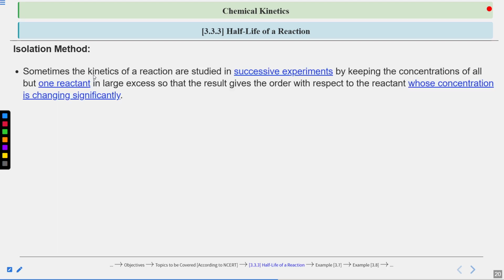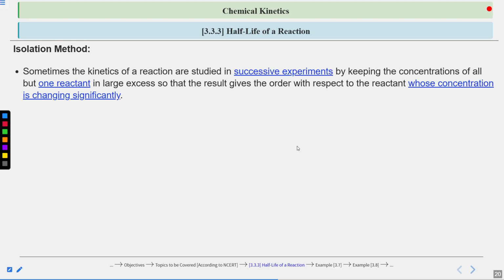Sometimes the kinetics of a reaction are studied in successive experiments by keeping the concentration of all but one reactant in large excess, so that the result gives the order with respect to the reactant whose concentration is changing significantly.